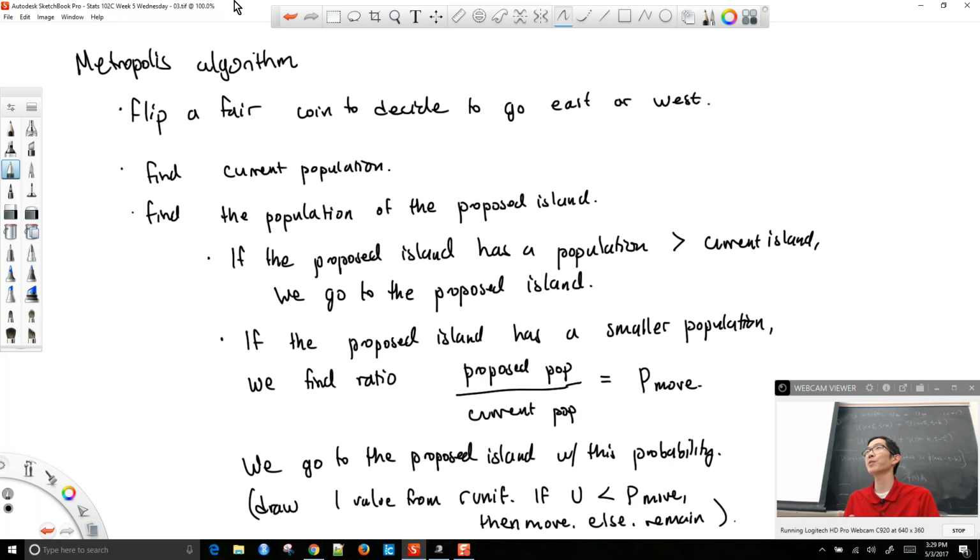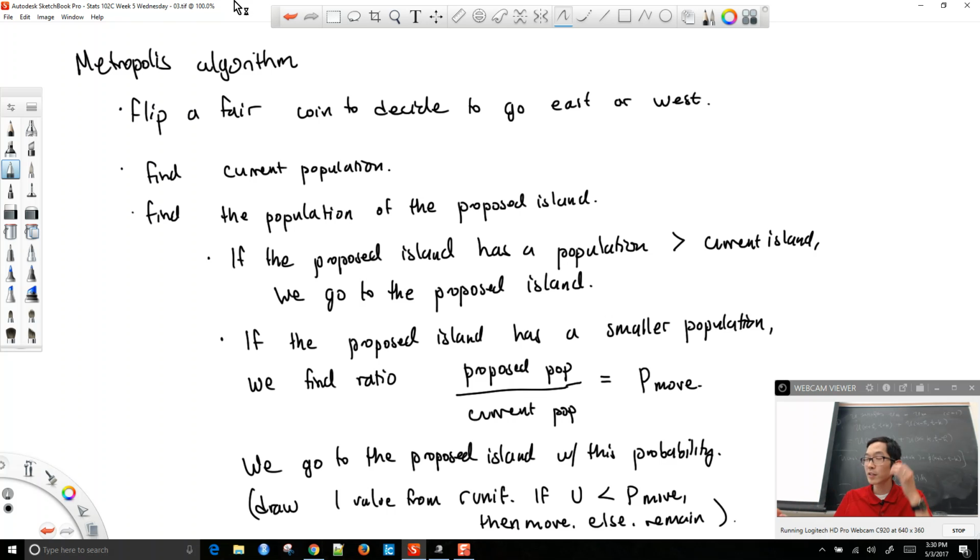Does this kind of make sense? We start at a certain island, we flip a coin, and this says, do we propose going this way or this way? Once we have a direction proposed, we say, how big's your island? How big's our island? If that island is bigger, we definitely want to go there. We want to visit the big islands more. If it's smaller, we still want to visit the small islands, but less often.